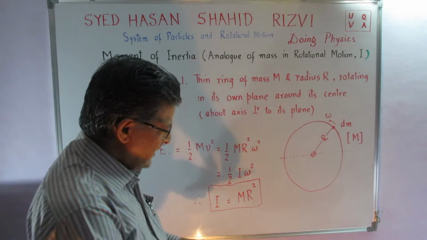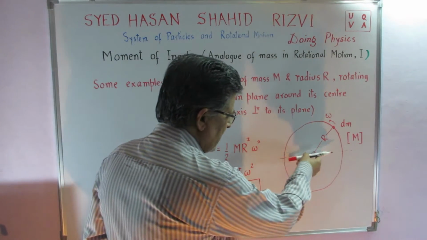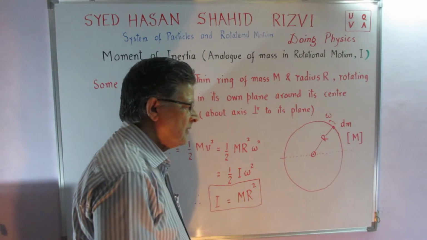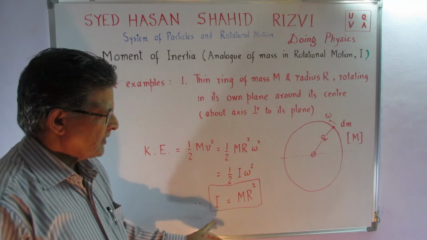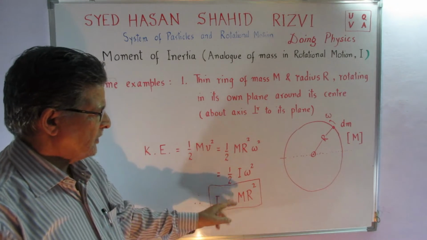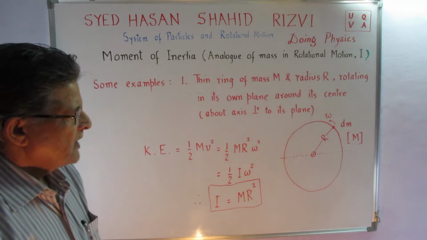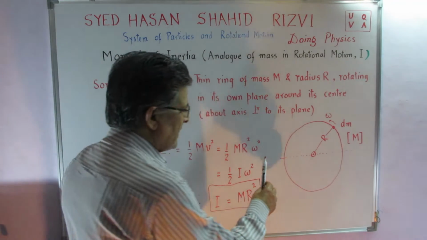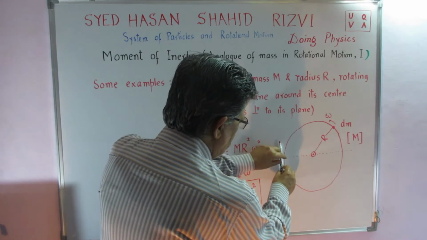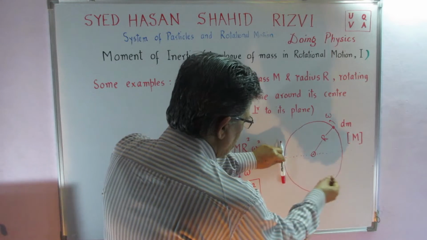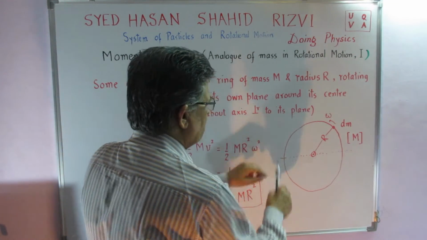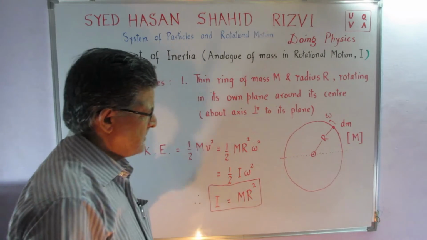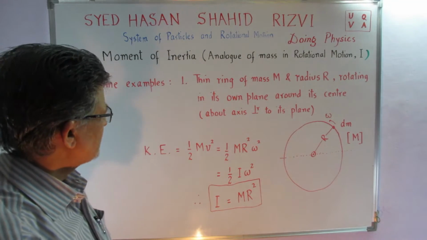If the rotational axis is along a diameter, then the moment of inertia becomes half the moment of inertia obtained above, so it is half mr square. If I have an axis in its plane at one of the ends and this whole body is rotating about this axis, then there will be other means to calculate the moment of inertia.